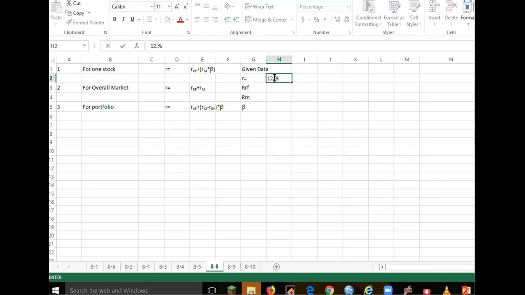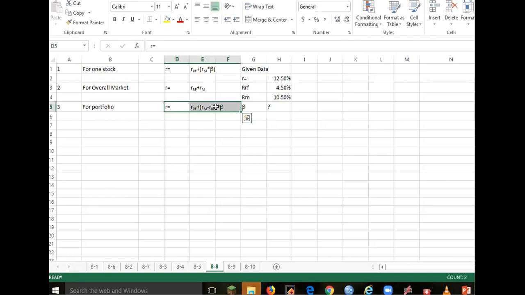Class, we have required rate of return, we have risk-free rate of return, we also have market risk premium, and we don't have beta. So we are going to calculate the beta coefficient. The situation is the stock is consistent with equilibrium. So here we can solve it via the CAPM model.